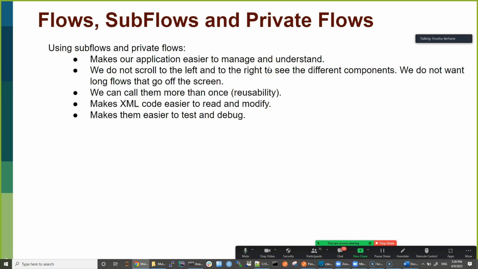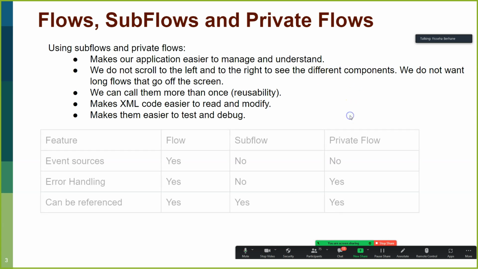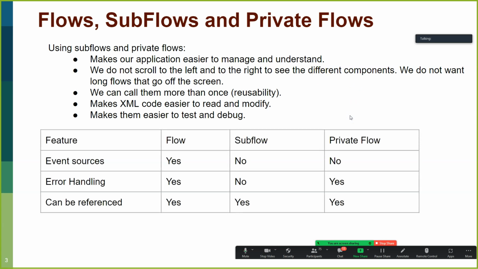These are the different types of flows we have: main flow, or we'll simply call it flow, subflows, and private flows. Their differences are shown here. For a flow to compile by itself, standalone, it needs at least a processor. A flow generally can have three components: a source trigger, an error handler, and a processor. The source trigger and the error handler are optional.